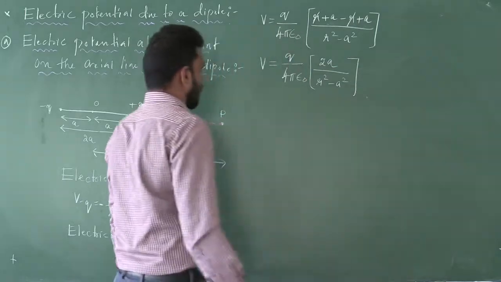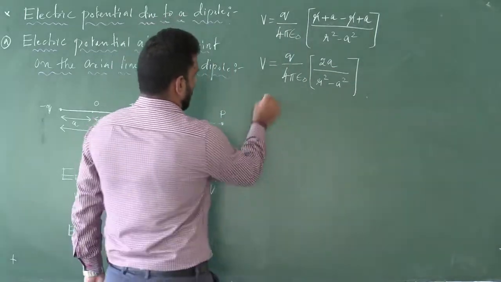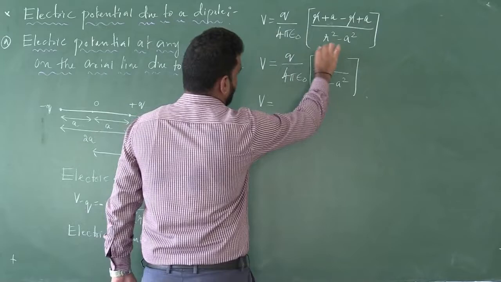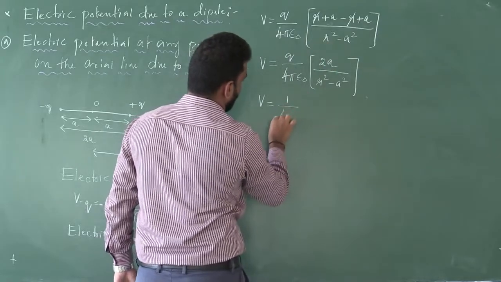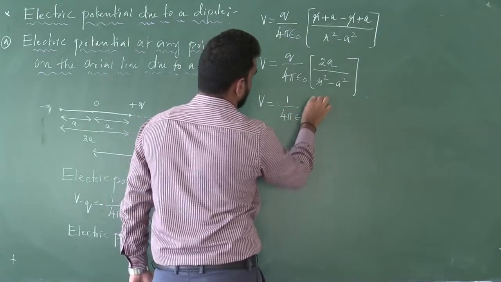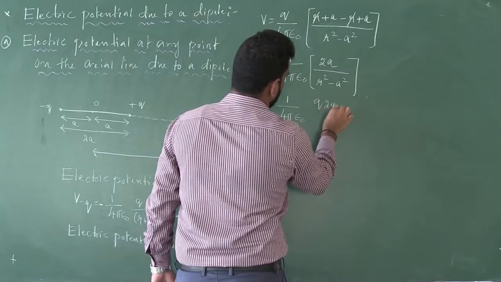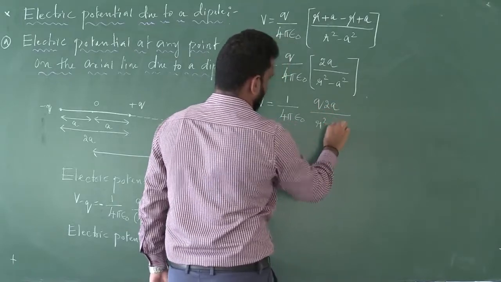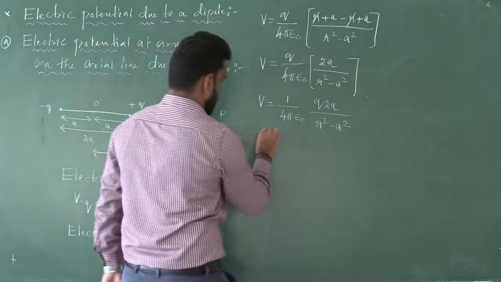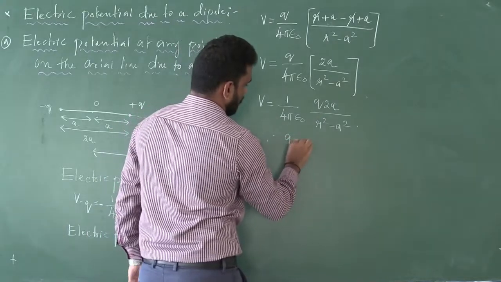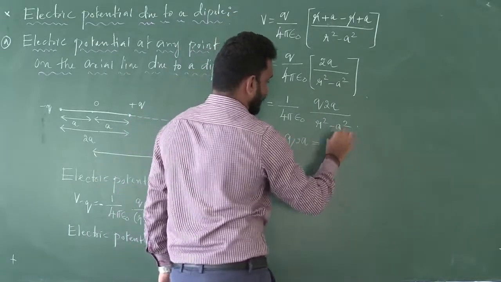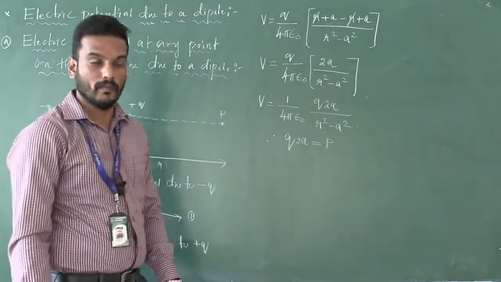Now again I will simplify by taking Q to this side, so it becomes 1 over 4 pi epsilon naught, Q into 2a divided by r square minus a square. But Q into 2a is nothing but the electric dipole moment.